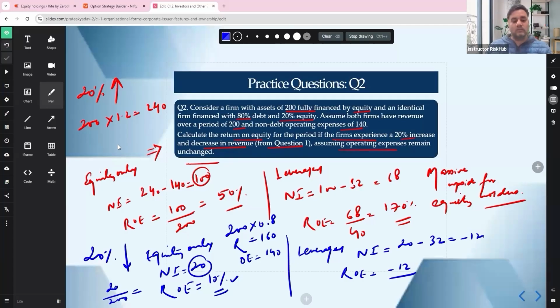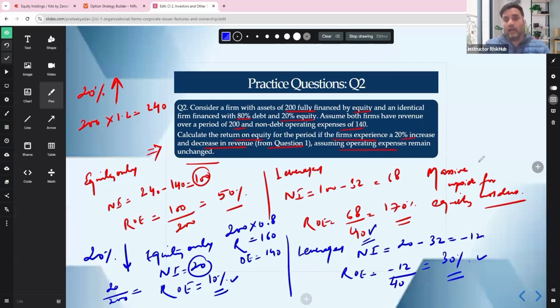What is the equity value, guys, here? Any thoughts? What should be the equity value here? 40, na? This was the 40, which was the equity value. Make it minus 30%.